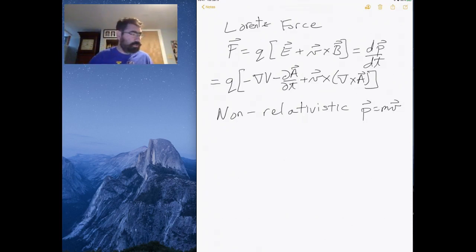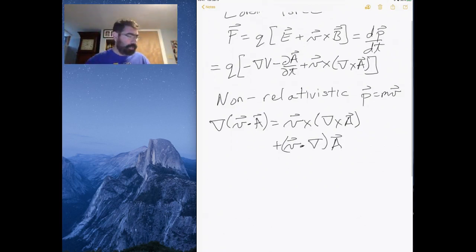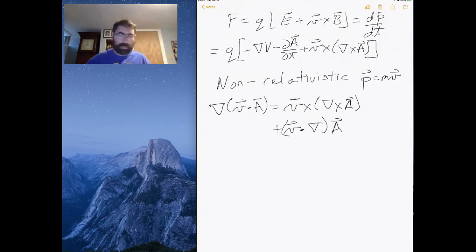I do know my vector identity, which is the gradient of the dot product of these two vectors is equal to the cross product of the curl plus the dot product of V with del times the vector A. Okay, so now I've got something I can rewrite this with.